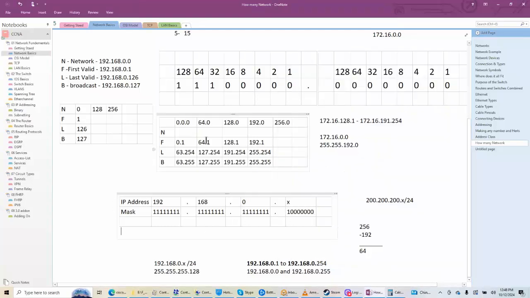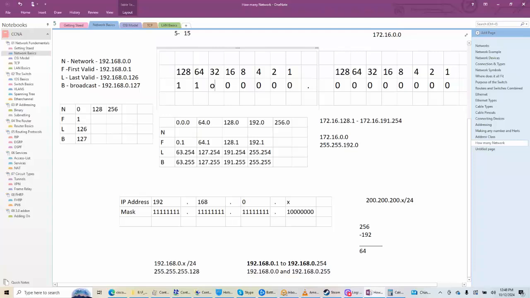is 32. Are you starting to realize that whatever number I have stopped at, as far as I'm making it a 1, that is going to be the number of hosts that is allowed? Do you see that relation? Since this is the last one in my number, if I had a subnet mask of 224, I'm going to have 32 hosts.